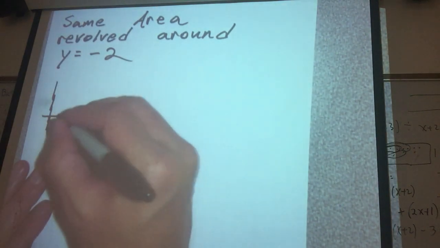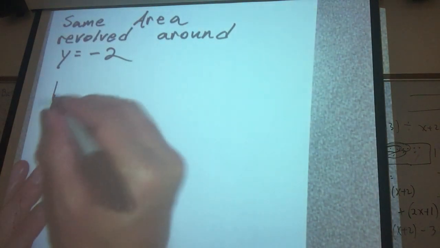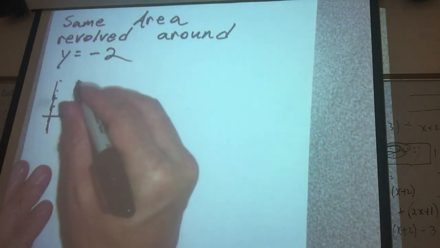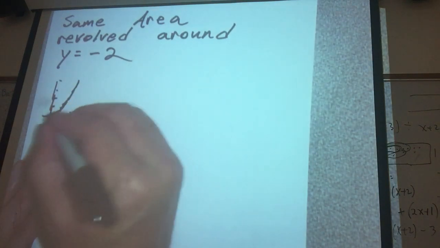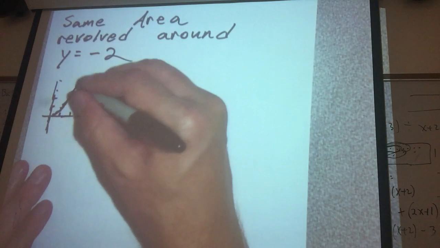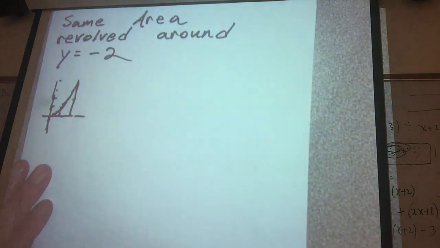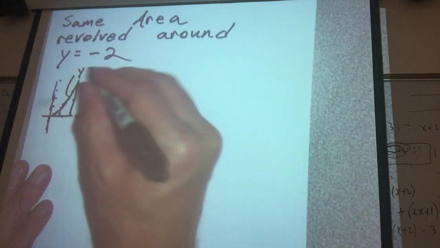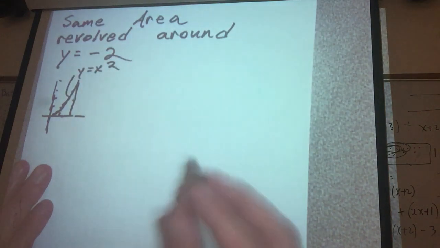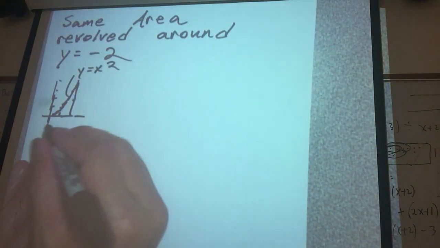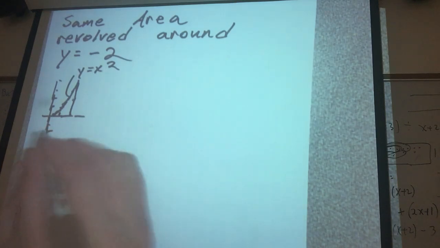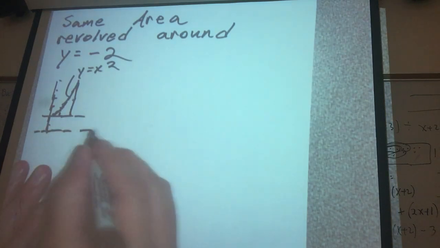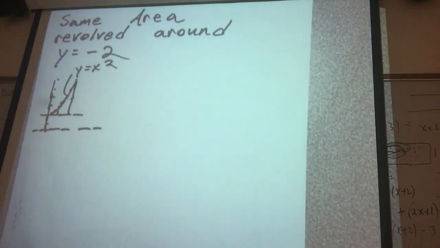Okay, so 1 and 2, 1, 2, 3, 4. And so once again, this is y equals x squared. And then if I go down 1 and 2, okay, so this is the line y equals negative 2.